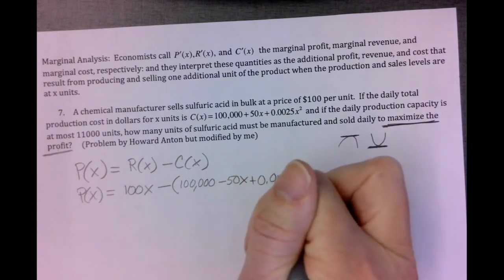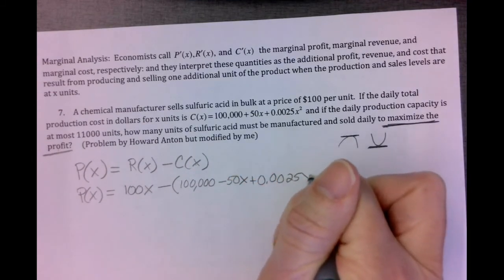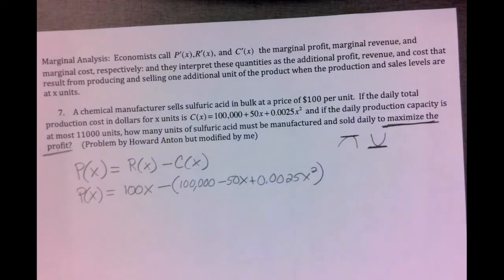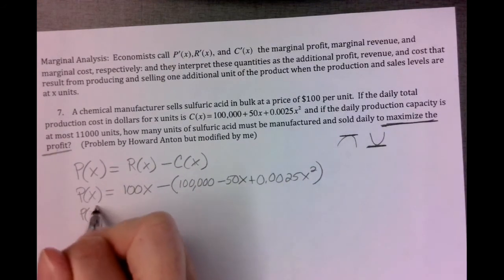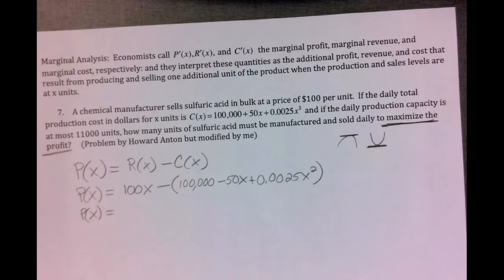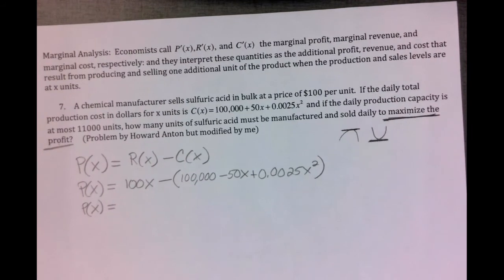And then what happens is I want the derivative. Before I do any derivatives, I, as a general rule of thumb, will clean up any terms so that all like terms are together and I don't have any algebra to worry about. So my 100x minus a negative 50x gives me 150x.